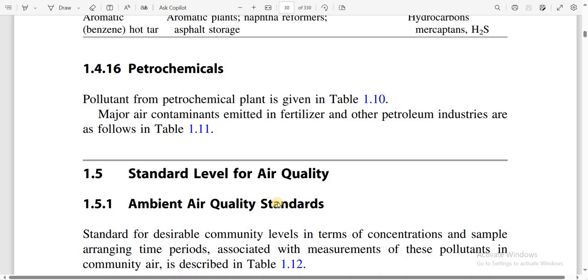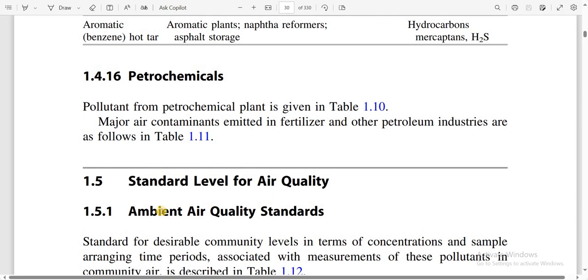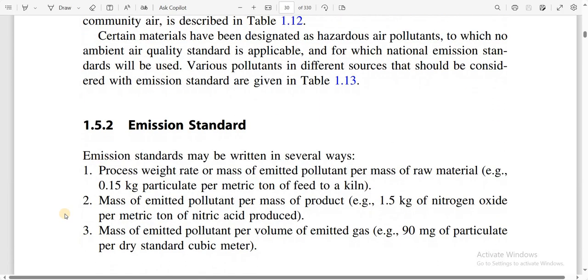Petrochemicals. Okay, the last one is petrochemical. Pollutants from petrochemical plants are given in Table 1.10, and major air contaminants emitted in fertilizer and other petroleum industries are in Table 1.11.